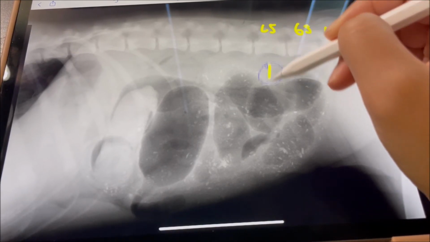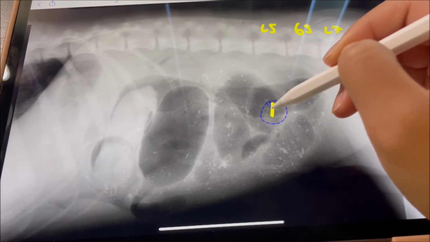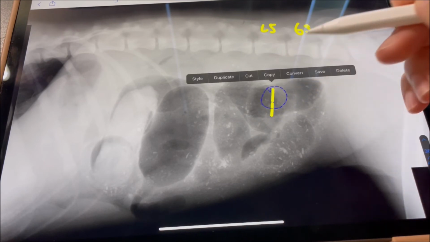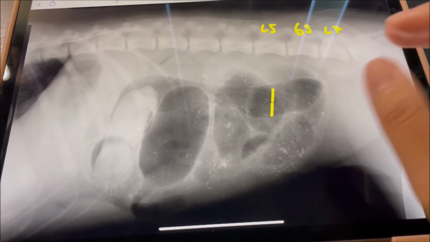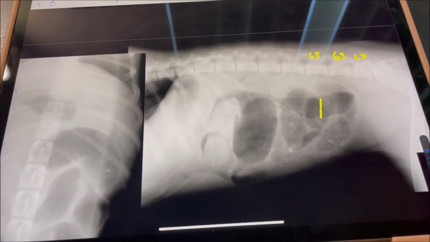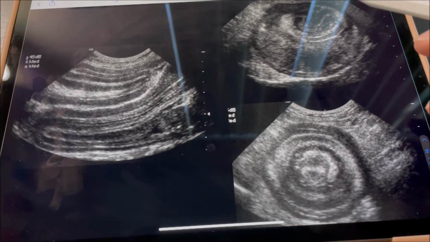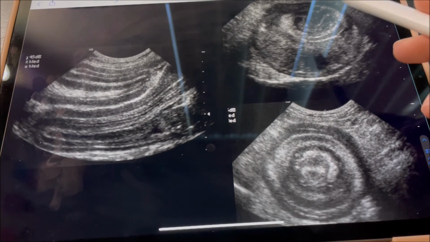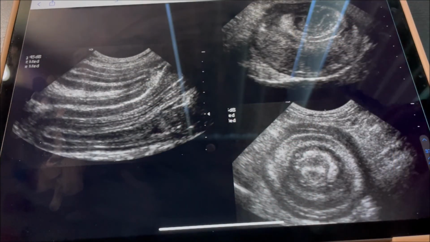Sorry, I don't know what I wrote there. And yep, it is definitely pathologically enlarged. And again, the gravel signs are also indicating chronic partial obstruction. So let's look at the ultrasound. And this is a very, very hallmark appearance, this archery target, and a snake eating a snake, indicating intussusception.